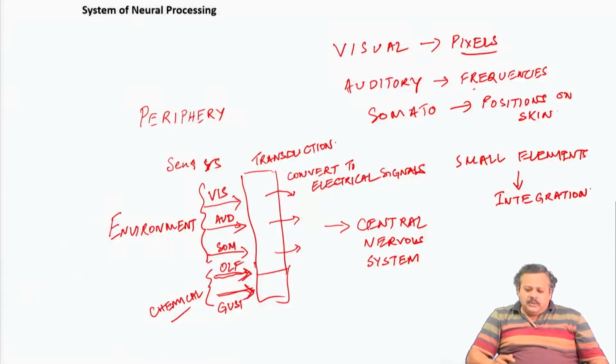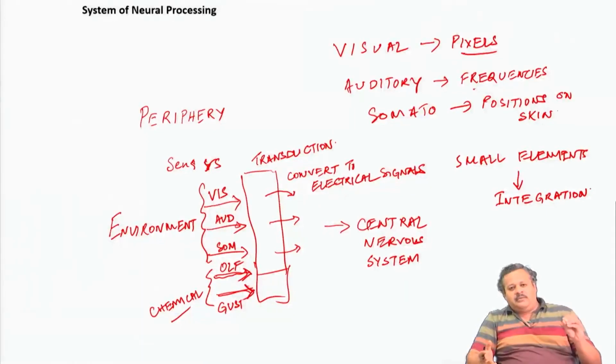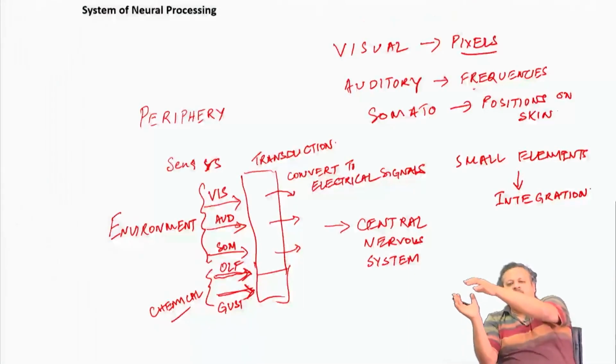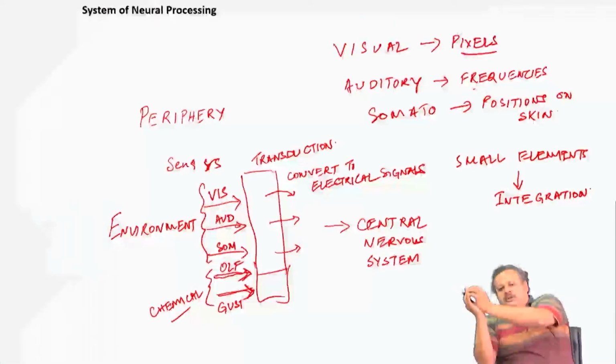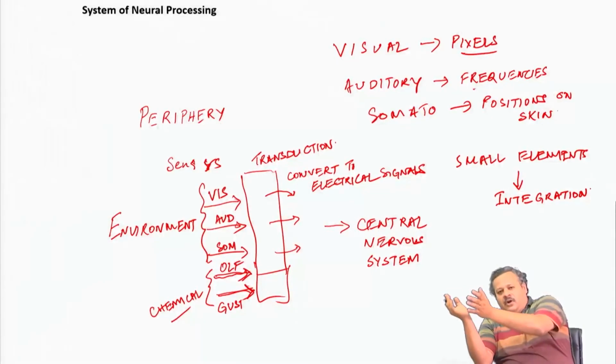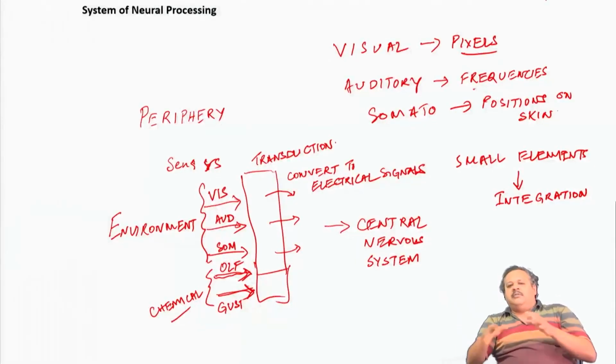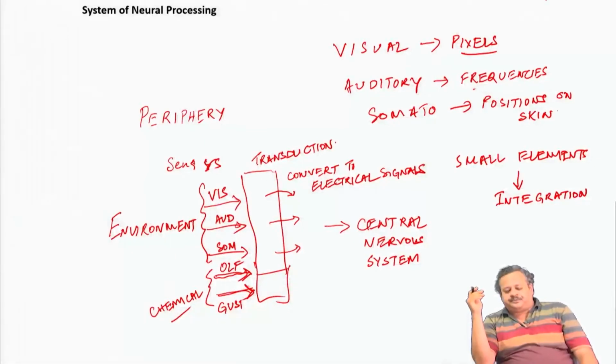So, that is the basic principle behind the organization and the processing in these neural systems. So, we start with small elements, then gradually start integrating some of them, then more of them, and then form the percept of, let's say, a face, or a sentence or a word in the auditory system, or the percept of this table based on the somatosensory inputs.